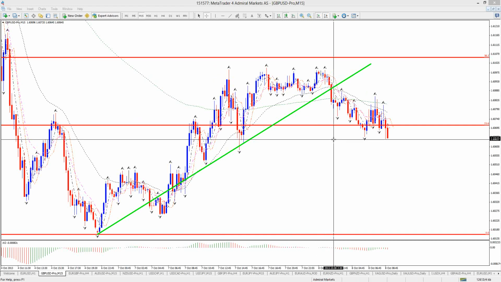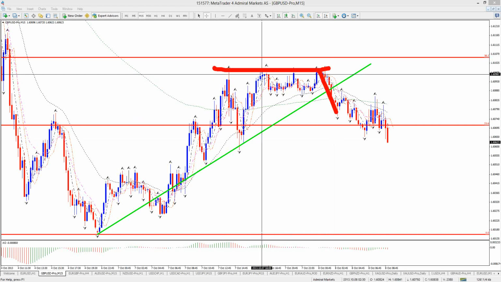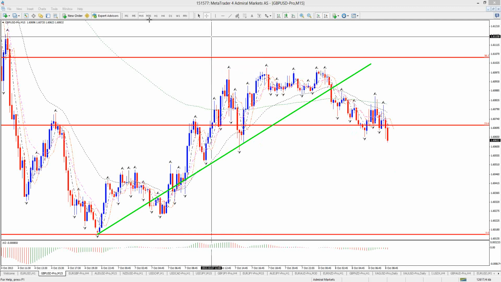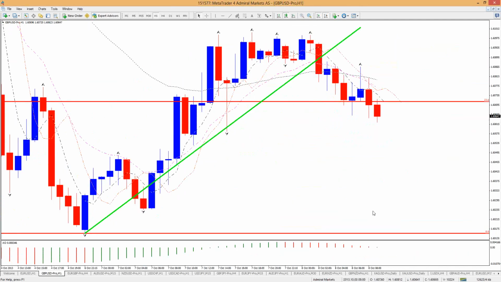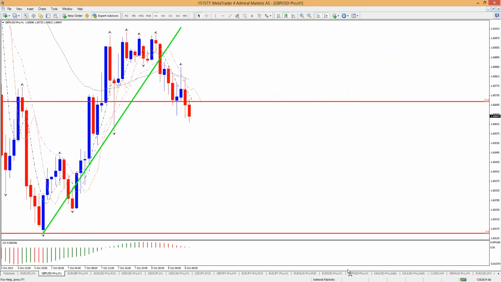Alrighty. The 382 got the bounce I was saying, and looks like we could make that continuation to the downside. So maybe that could be a trade setup on the pound right now. Let's take a look.